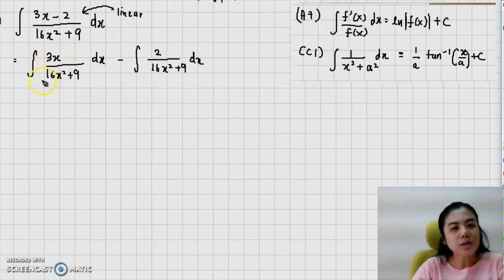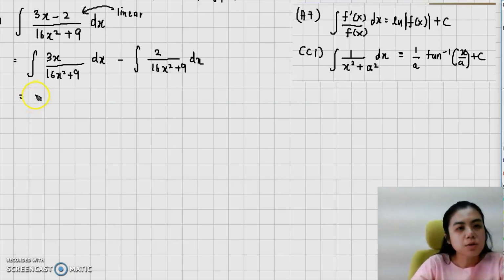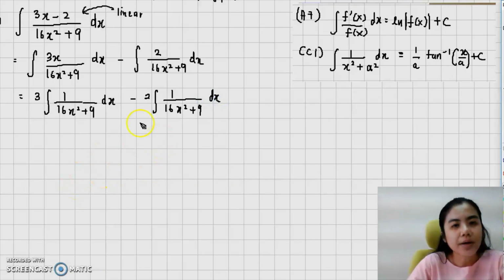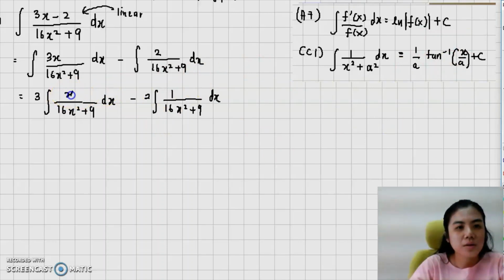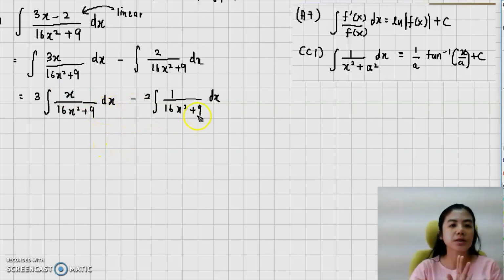Because you can take out the 3, and you can take out the 2. So when you have two separate things, this is x. Now you have two separate integrations.